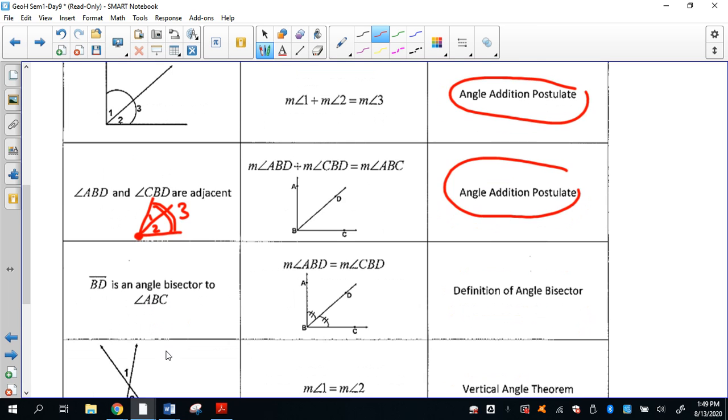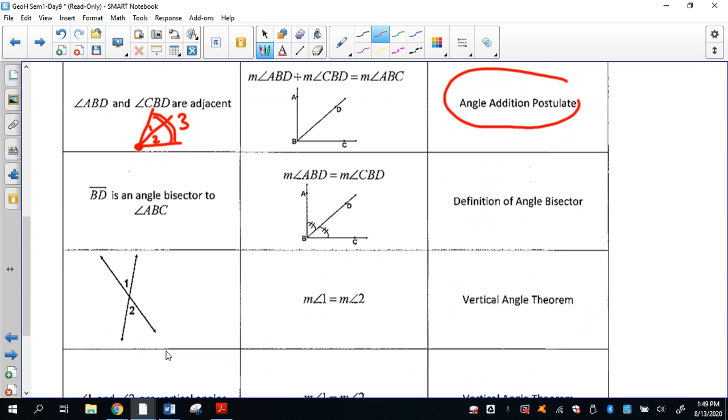The next one is angle bisector. We've used that vocabulary before in chapter 1. Angle bisector means a ray or a line segment that cuts an angle into two equal pieces. So bisector just cuts it into two equal pieces, and this is an angle. So, definition of angle bisector.